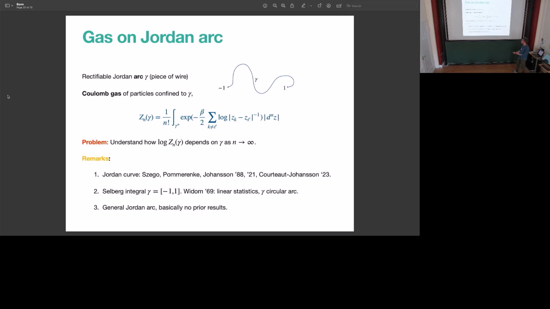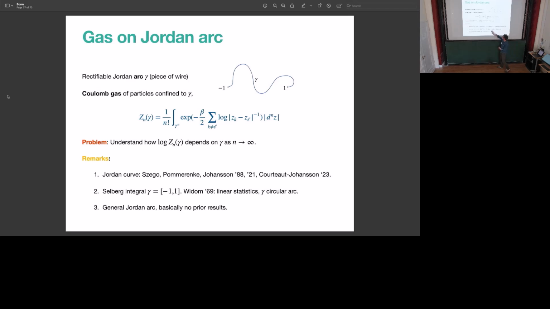In the special case of the circle, there are the Szegő limit theorems, which could be viewed as a special case of studying a Coulomb gas on the circle. There is the work I mentioned of Pommerenke about Fekete points, which could be viewed as a version of this at beta equals plus infinity. The points are on the boundary, so it's really a one-dimensional problem.